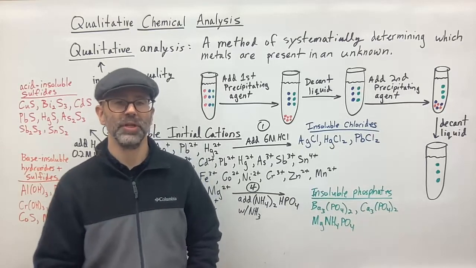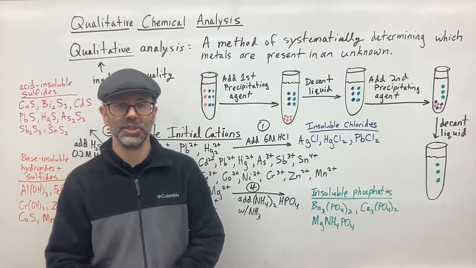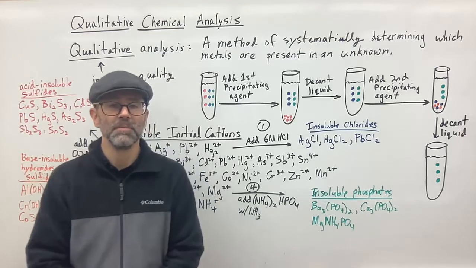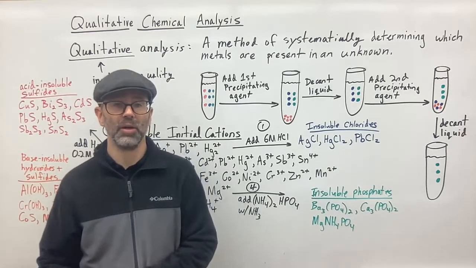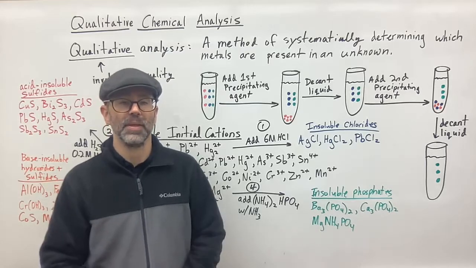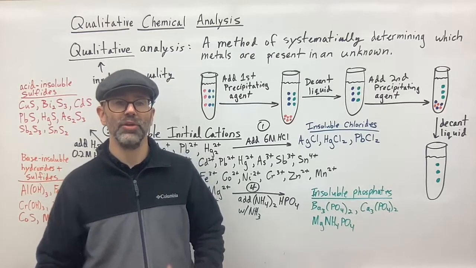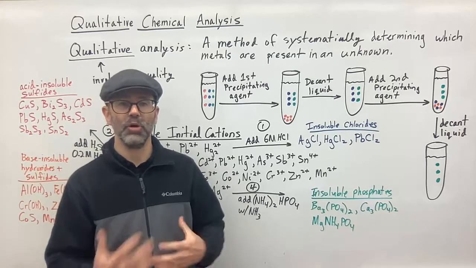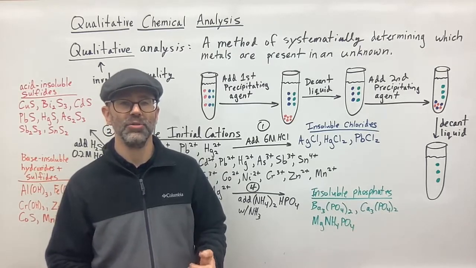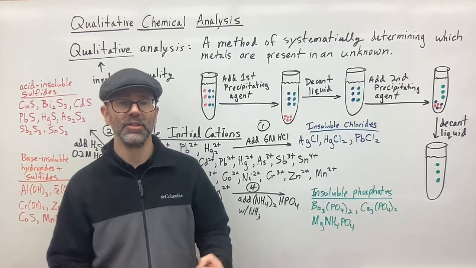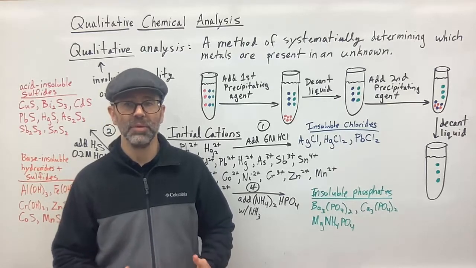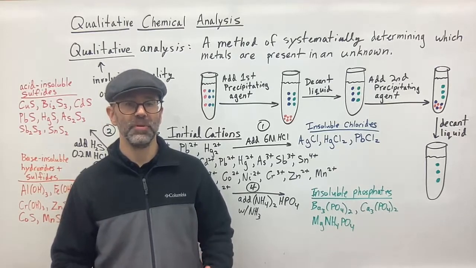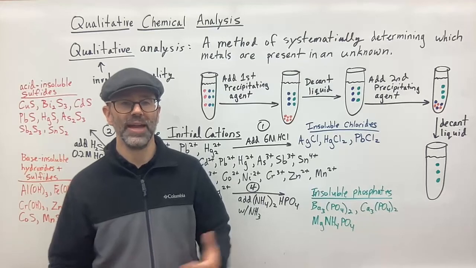In my previous video we talked about selective precipitation and how that can be used to separate out one metal from another. And so when you use qualitative analysis, basically you're using kind of a flow chart to be able to add certain chemicals that are going to precipitate out certain metals and not others.